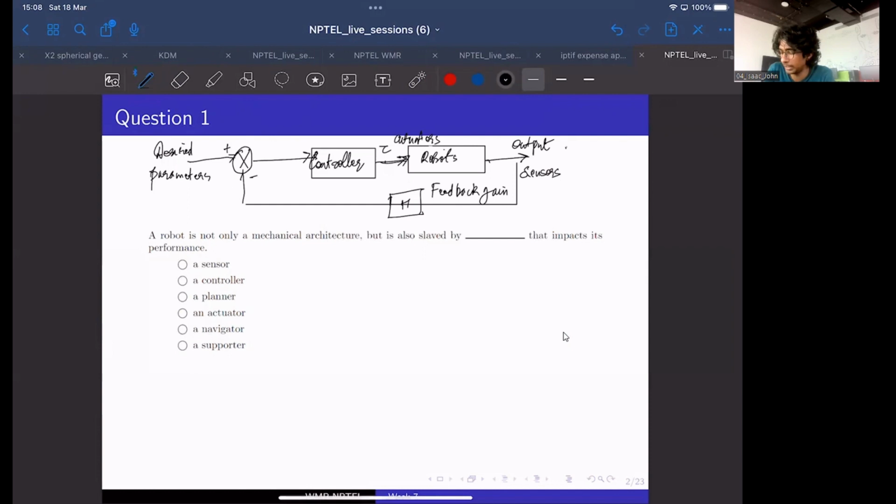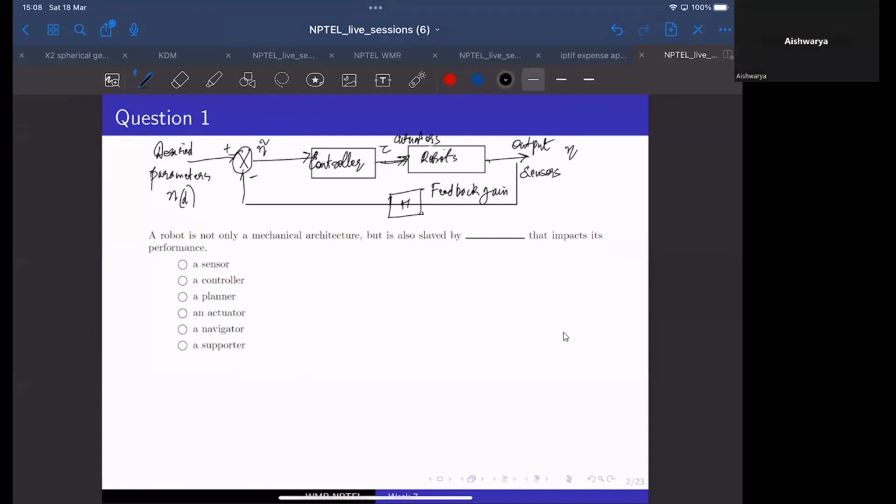The output would be eta, the trajectory, and the input would be our desired trajectory. The difference between desired and output trajectory, eta tilde, is fed into the controller, and based on whatever algorithm we are using within the controller, it gives back the control torque.